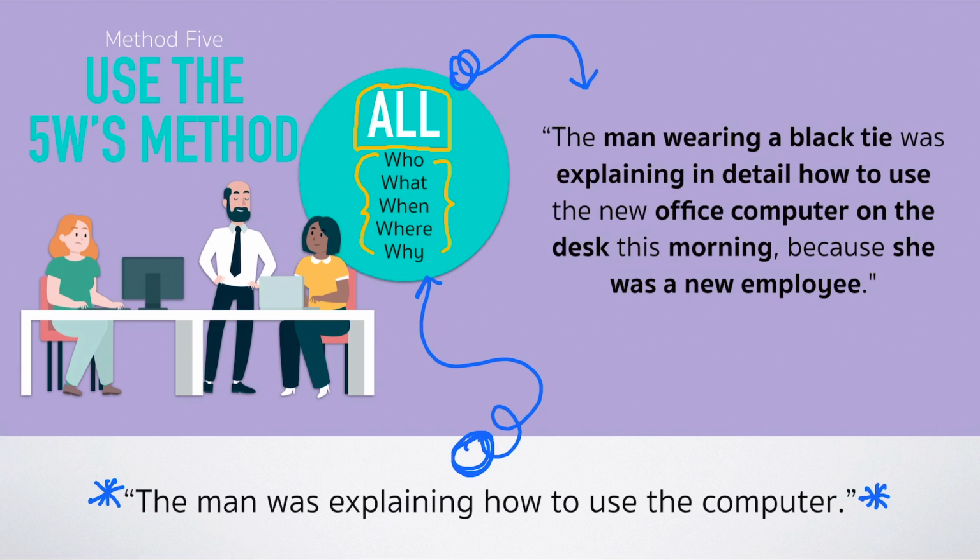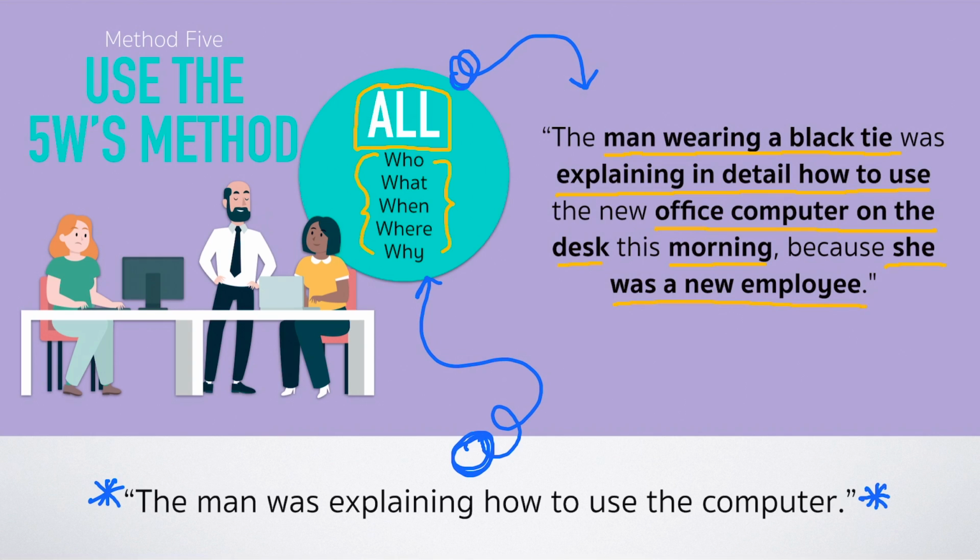Now, let's underline the information that has been added. So we have the man wearing a black tie was explaining in detail how to use the new office computer on the desk this morning because she was a new employee.